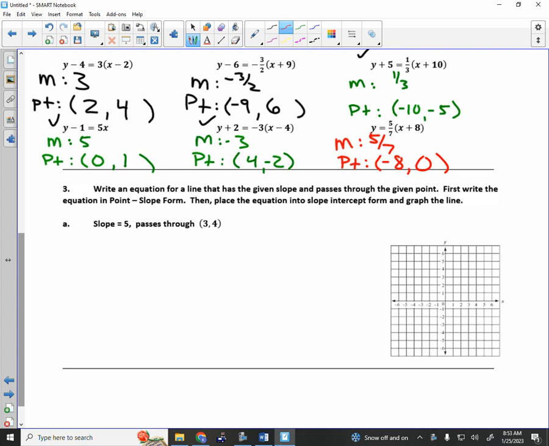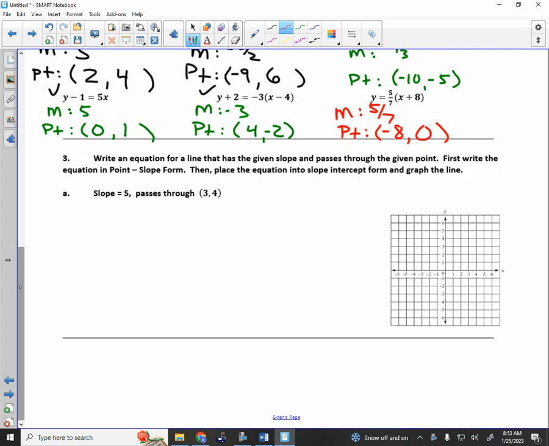So we're going to use that to be able to then write an equation for a line in our slope-intercept form through the given point. We're first going to write the equation in point-slope form, and then we'll place the equation into slope-intercept form and graph the line. So I'll unpack that for you.